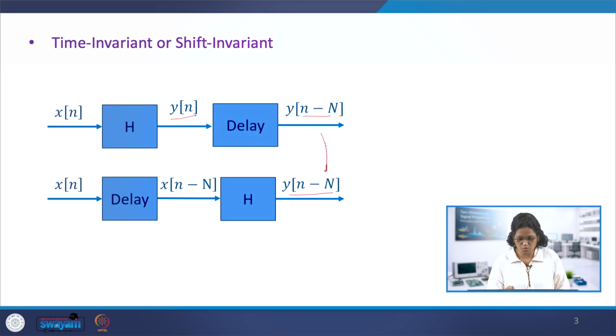If both these paths yield the same responses, then the system is time invariant or shift invariant. If not, if these two are not equal, then it is a time variant or shift variant system.